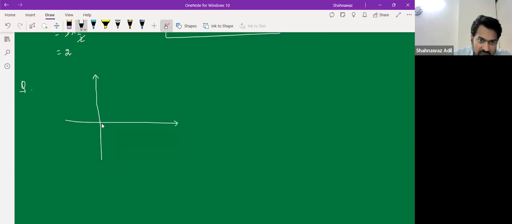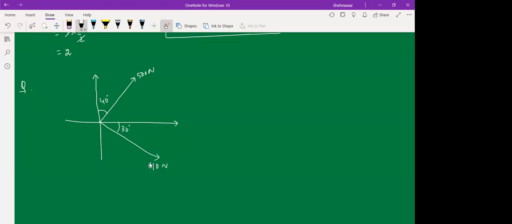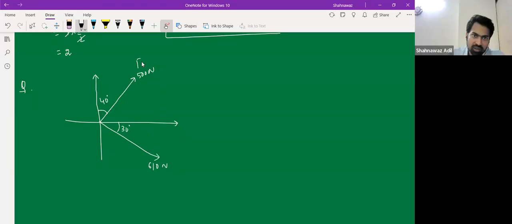This is 30 degree and this is 610 Newton, and this is 500 and 40 degree. Let's say this is F1 and this is F2. So we have to find F, which is F1 plus F2. This is the question, right?